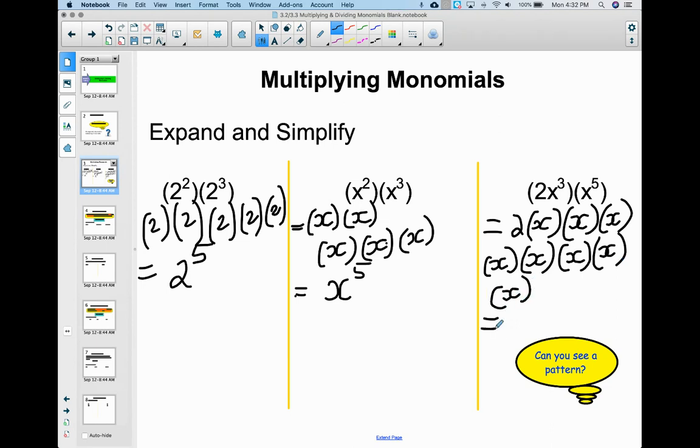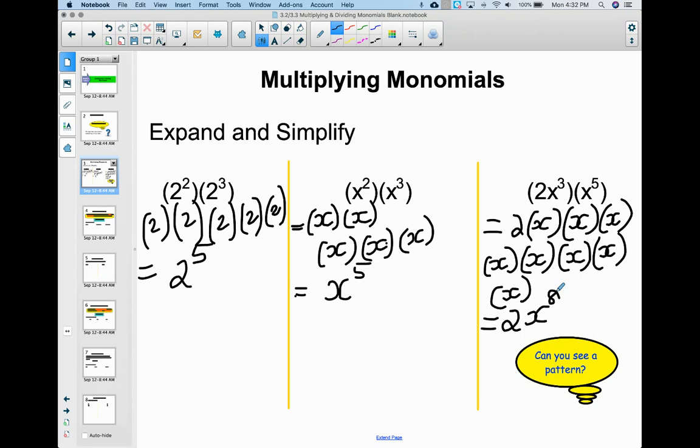Simplified, this is 2 times x to the power of, we have 1, 2, 3, 4, 5, 6, 7, 8 x's multiplied by itself, so 2x to the power of 8.